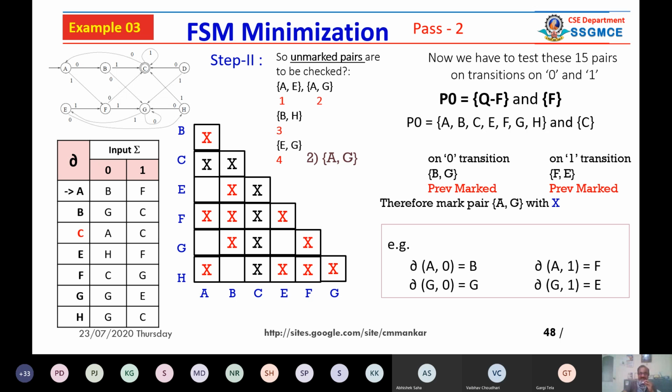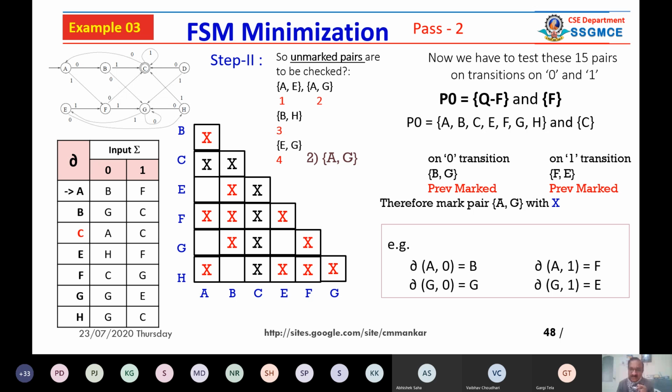Let us consider the second pair. Now second pair is AG. AG goes to BG on input 0 and AG goes to FE on input 1. Now just check BG pair. B और G already red cross से mark कर चुके हैं, right?